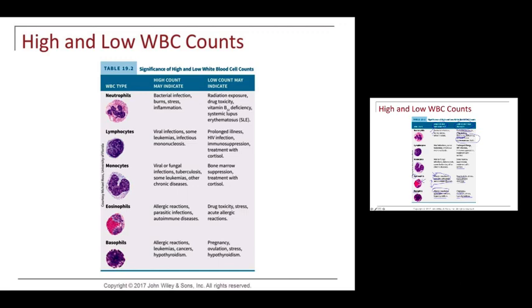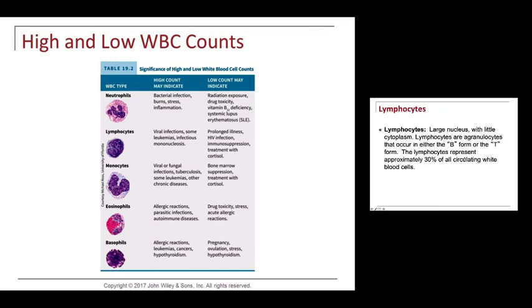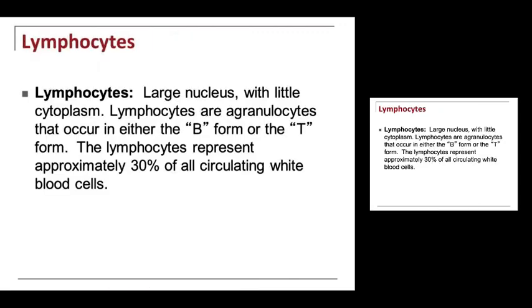The lymphocytes can become high if there's a viral infection or infectious mono and leukemias, and low if there's a prolonged illness, if there's immunosuppression, or if someone's on immunosuppressants, like cortisol being one of them. Okay? Lymphocytes, these are cells that have a large nucleus, typically takes up the same amount of space as the cell itself.